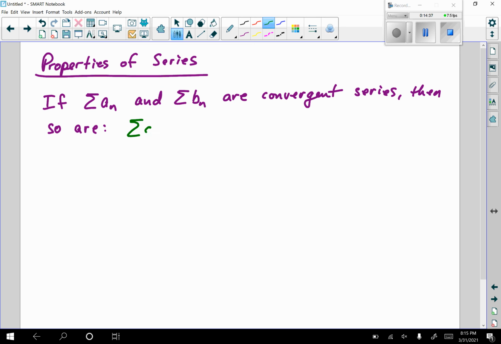The summation of a constant c times either one of those, where c is a constant. And the summation of the sum or difference of the series.